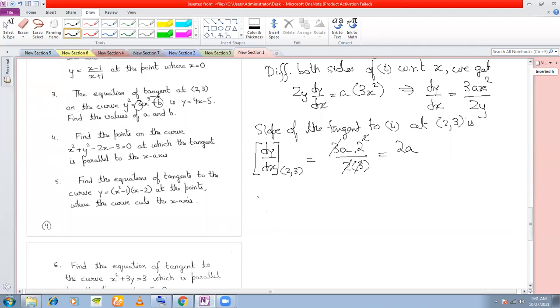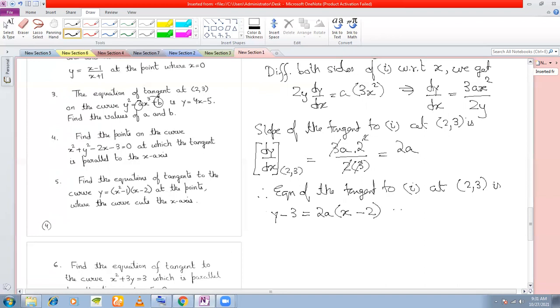So therefore, what should be the equation of the tangent to 1 at 2, 3? It is y minus y1, which is 3, is equal to m, which is 2a, into x minus x1.